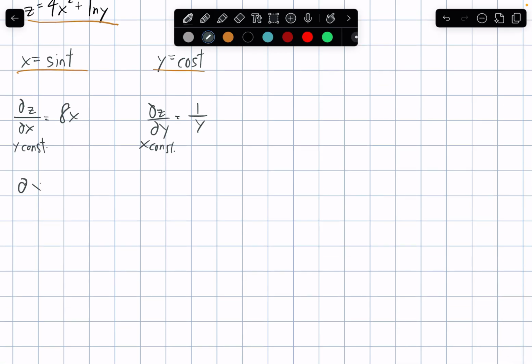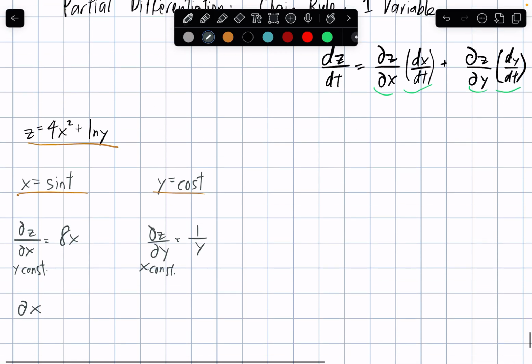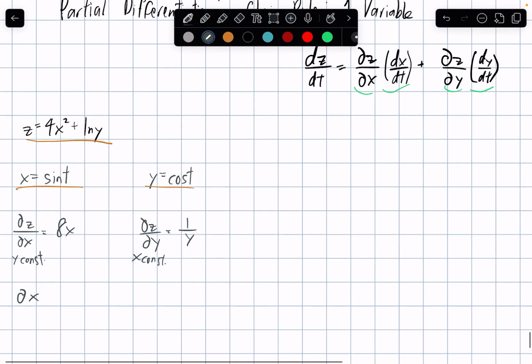Then partial x over partial t. I'm not sure if you're supposed to write d this way or that. Anyways, it's just the writing, but the idea on how to solve it remains the same.